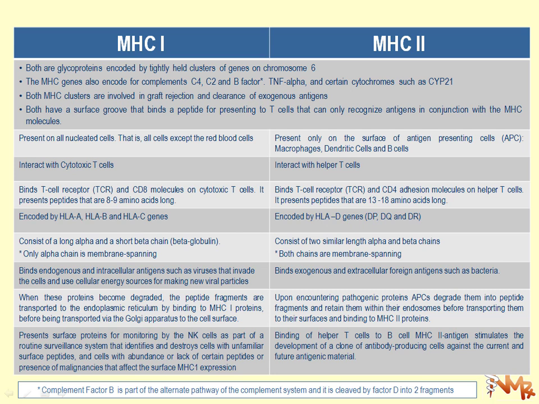MHC1 binds endogenous and intracellular antigens such as viruses that invade these cells and use cellular energy sources for making new viral particles. To give you a little mnemonic and understanding about this concept, I just said that MHC1 presents peptides that are shorter, 8 to 9 amino acids, and you see it on all nucleated cells.